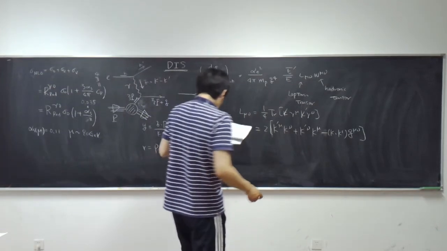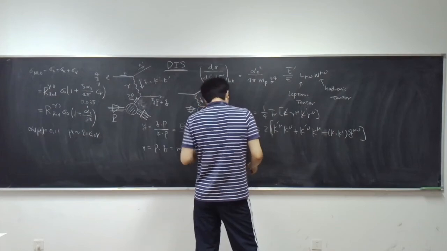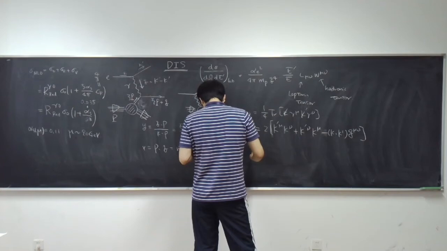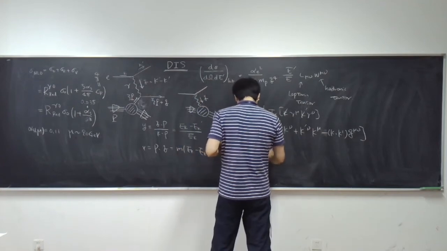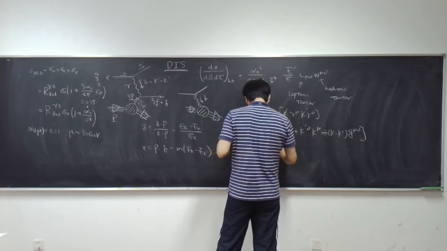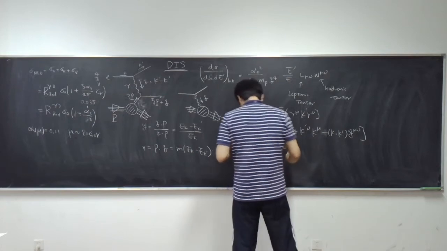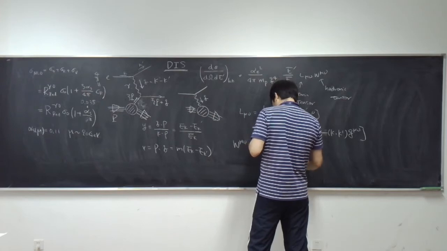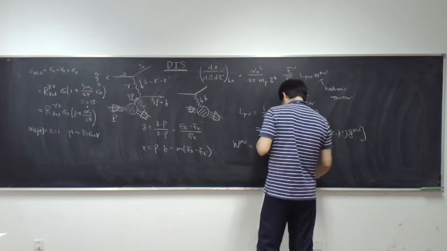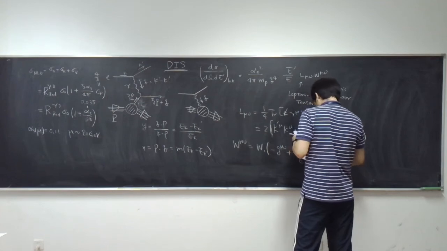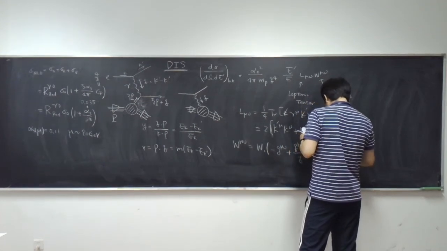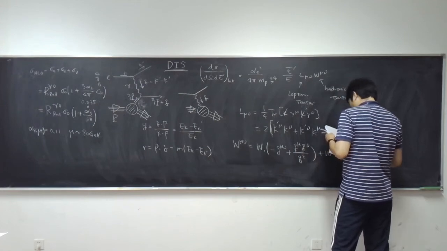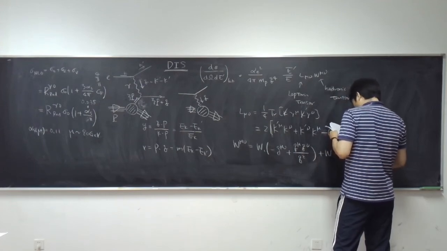And also for the hadronic tensor, by using the Ward-Takahashi identity, one can determine the form: plus W2 times P mu plus P dot Q divided by Q squared Q mu.